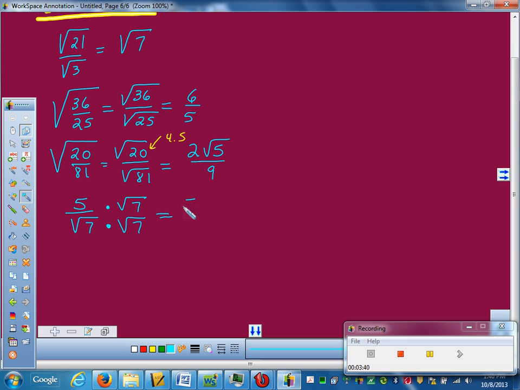So on top we know we're just going to get 5 times the square root of 7. What's going to happen on the bottom? It's technically the square root of 49, which becomes 7. And you would have 5 times the square root of 7 over 7.